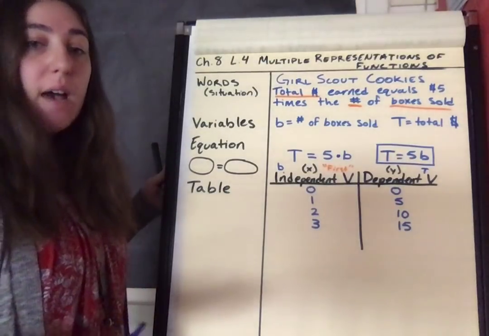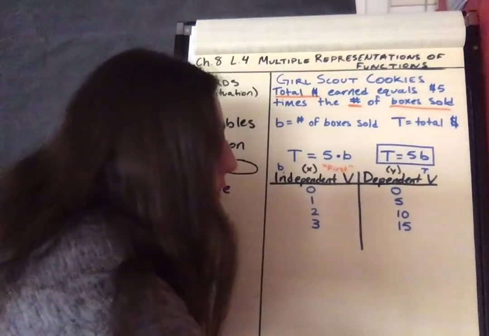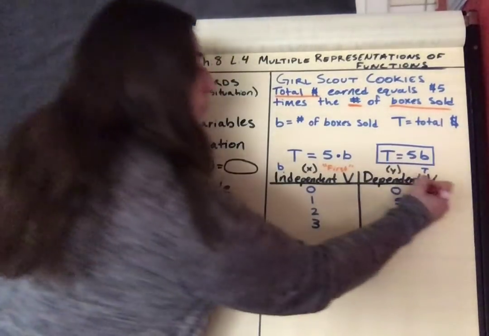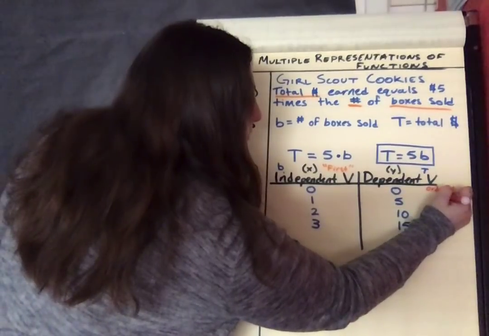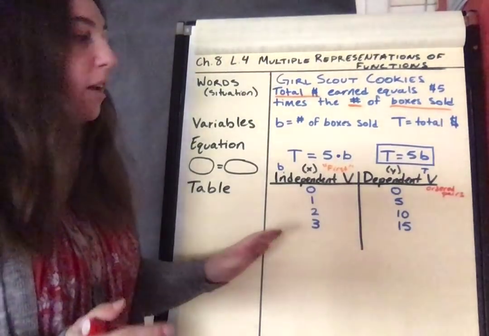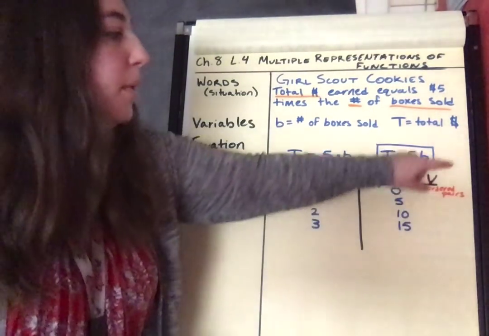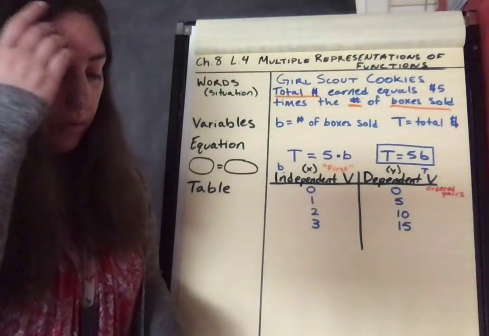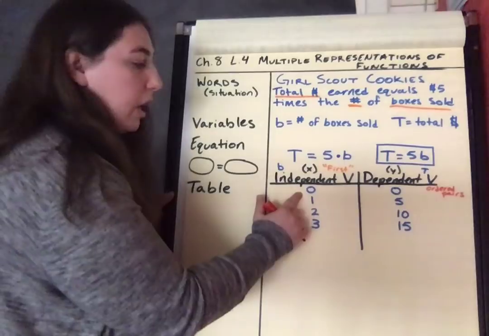So now that we have some values, let's write our ordered pairs. Okay, running out of room, so I kind of had to write it over here. Hopefully you have a little more room on your paper. You can write it on the side over there. So our ordered pairs, we're going to start over here.